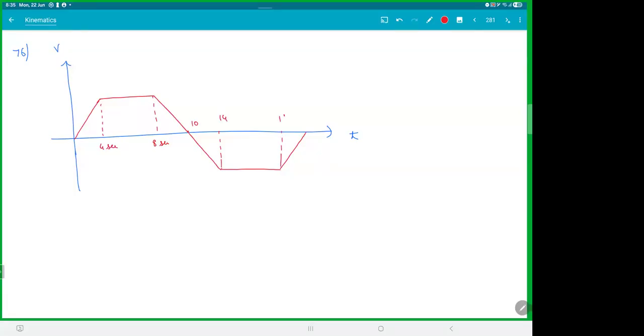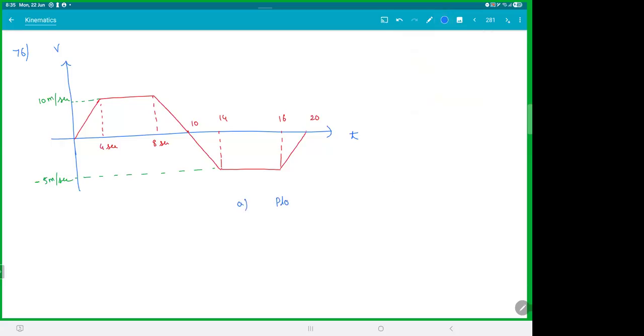This is 16, and this is 20. And this height here is 10 meters per second. This would be minus 5 meters per second. This is your VT graph.